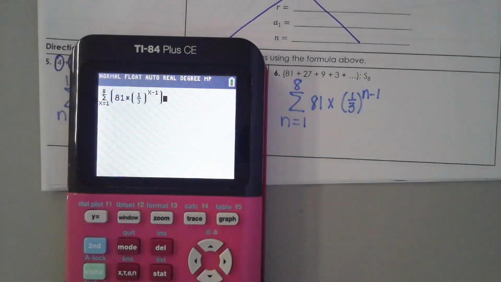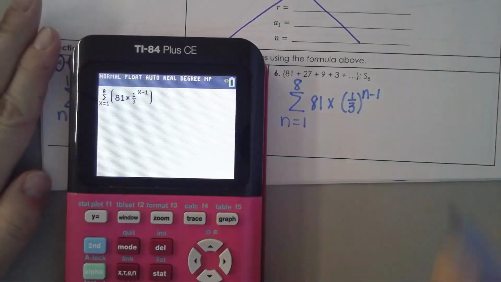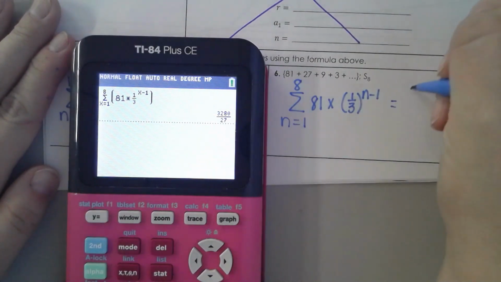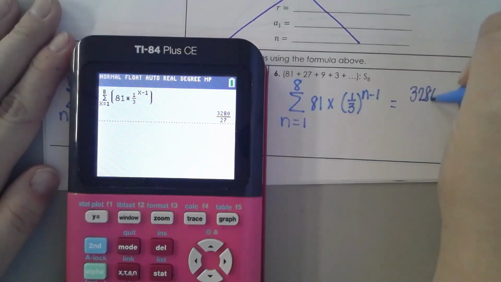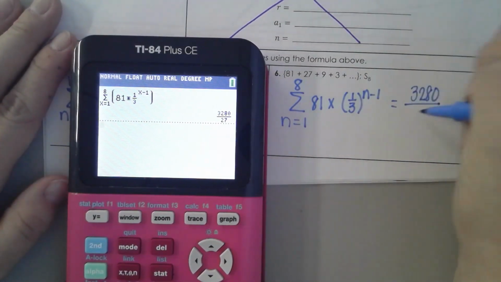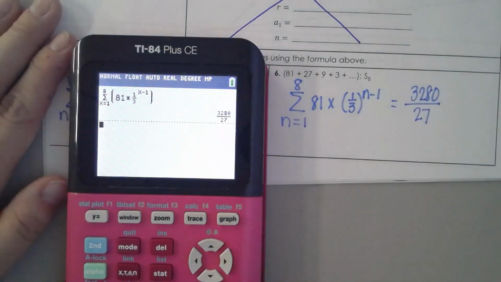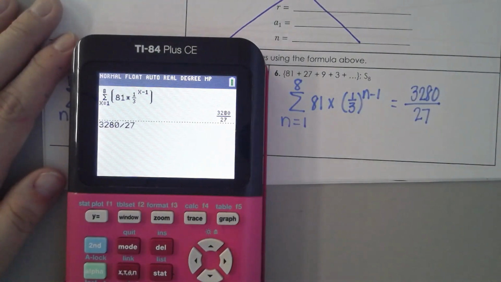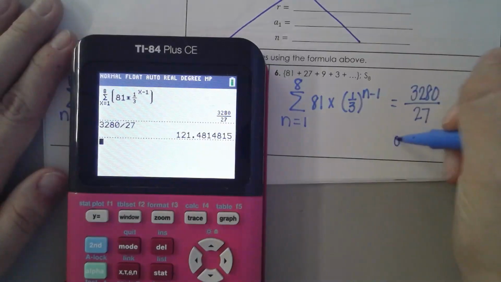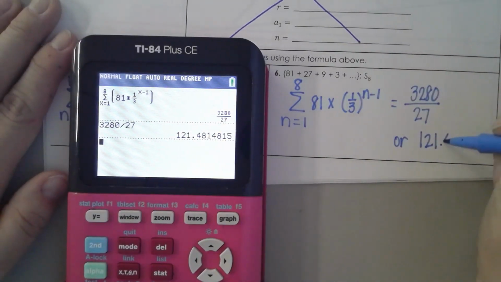So what I have typed in is what you should have typed in. And that gives you this fraction, 3,280 over 27, or 121.48.